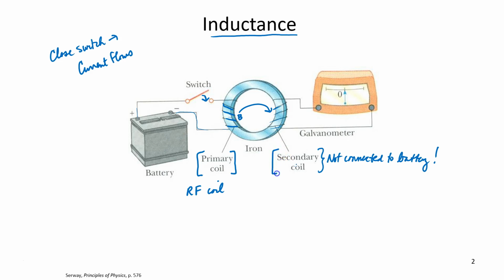But what behaves then as the secondary coil in the ICP? What could conduct that current induced by this RF coil? The only thing there is the plasma. So the argon ions and electrons in the plasma behave as the secondary coil.